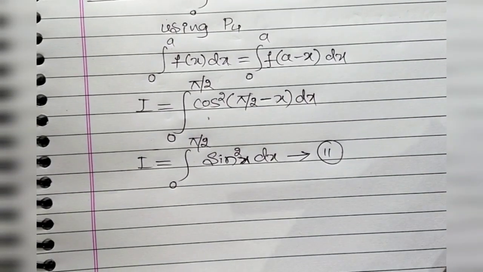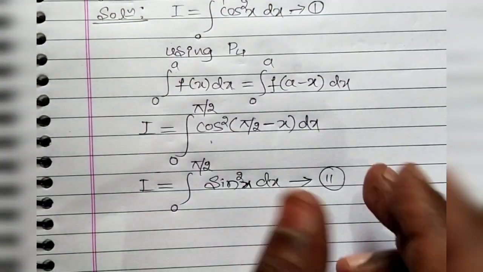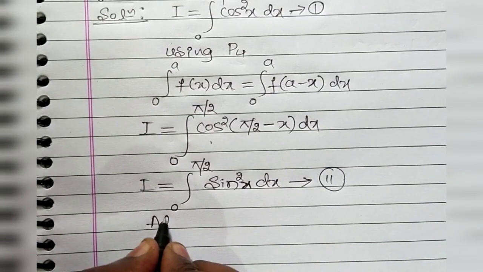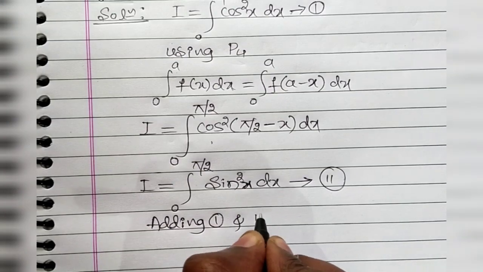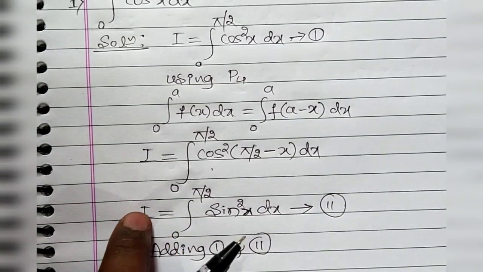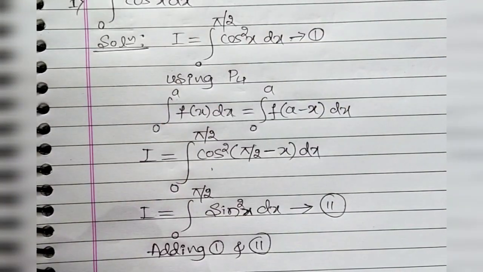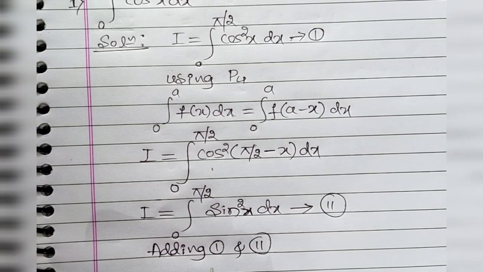Now we have to add 1 and 2. So this is our equation number 1, and this is our equation number 2. Adding 1 and 2, we add the LHS separately. I plus I will be 2I. So 2I equals the integral from 0 to pi by 2.